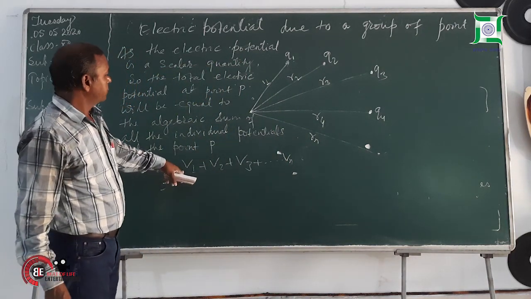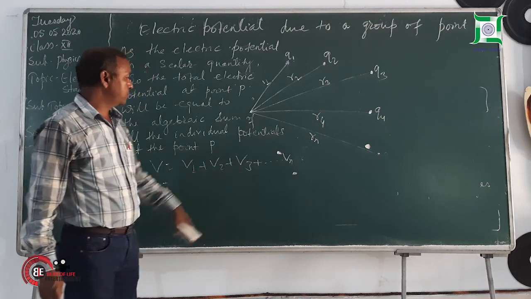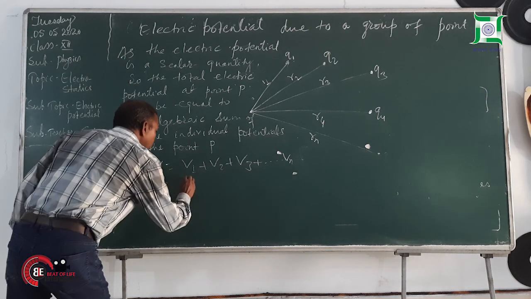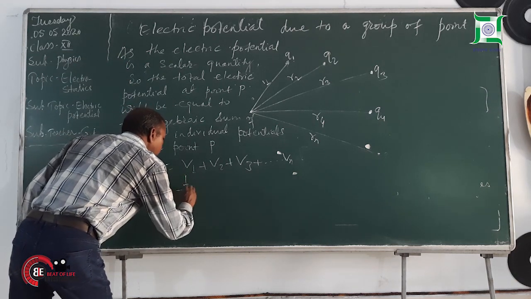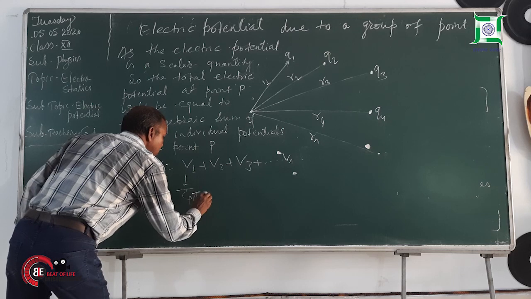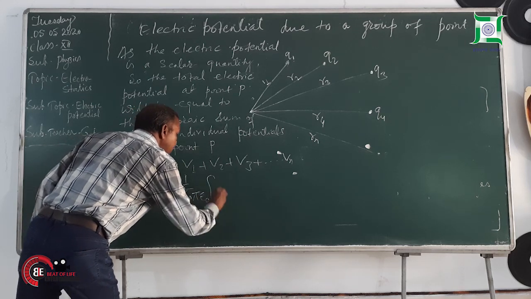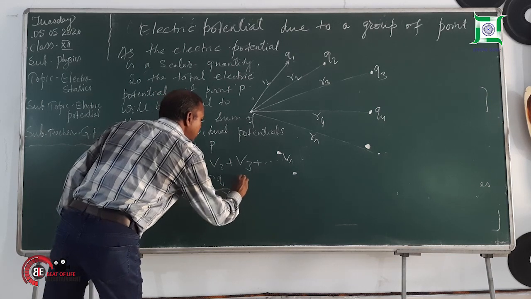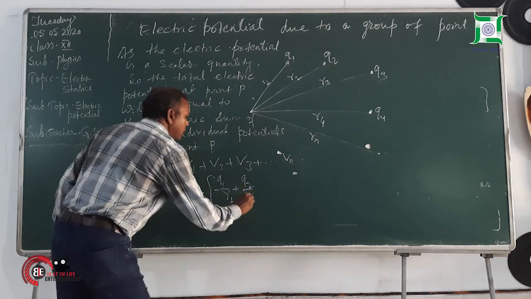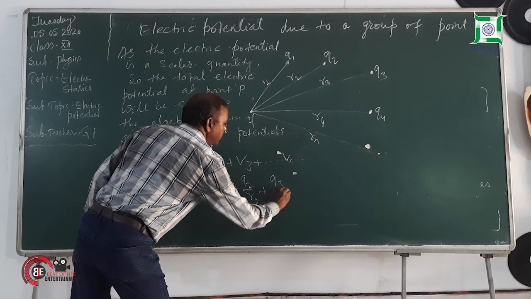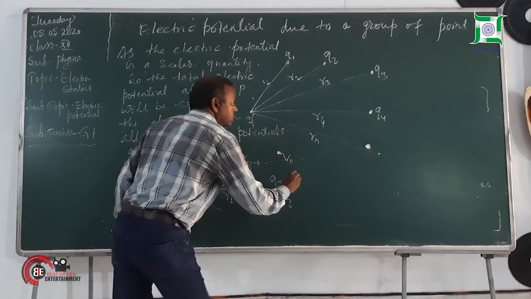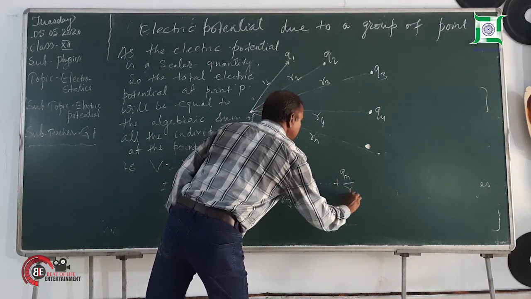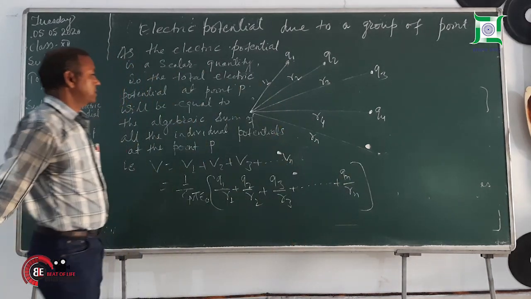If we put the value of V1, V2, V3, we will get the common term 1 by 4 pi epsilon naught into Q1 by R1 plus Q2 by R2 plus Q3 by R3 plus dot dot dot plus Qn by Rn.